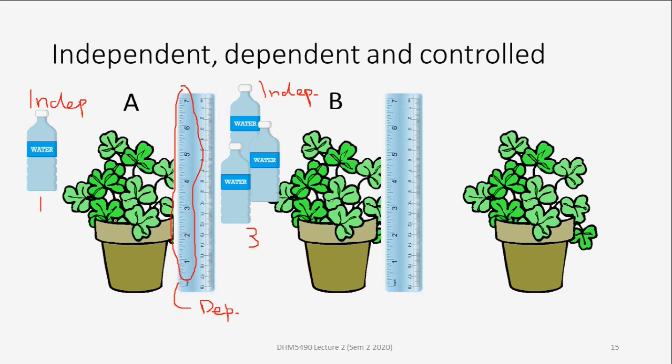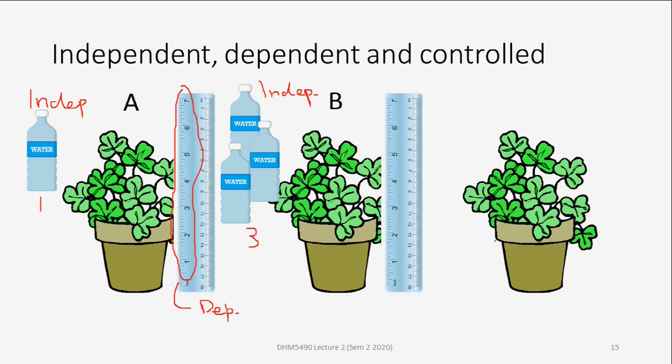How large is the pot? What is the soil inside the pot? And these things should be the same across set A and set B. I need to control for them so that they do not enter the scene, and they do not disturb my research findings.